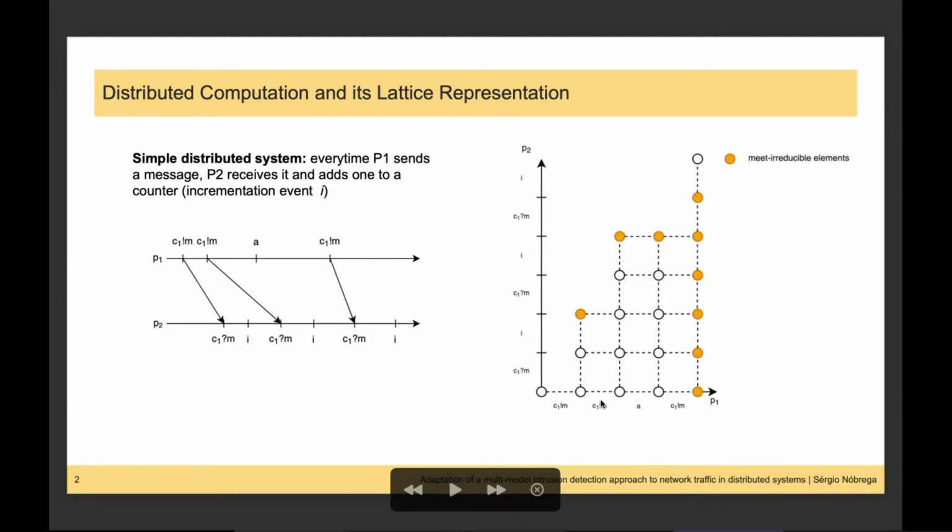And this is a very interesting point in the state, because if, for example, we go through this line here, in which P1 sends a message M, then it is immediately received, and then the counter is run.